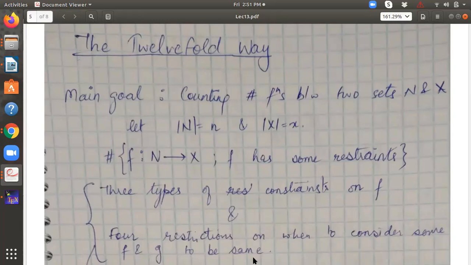Ma'am, can you repeat the question? So you understood till here that we are going to count the number of functions from the set N to the set X under certain restrictions. These restrictions appear in 2 types. The first type is that there are 3 types of restrictions on the function f itself.